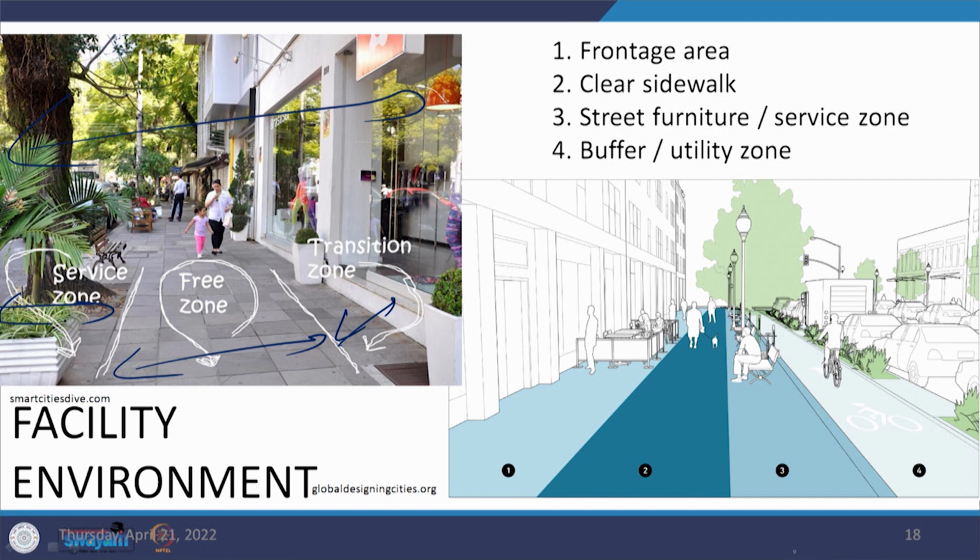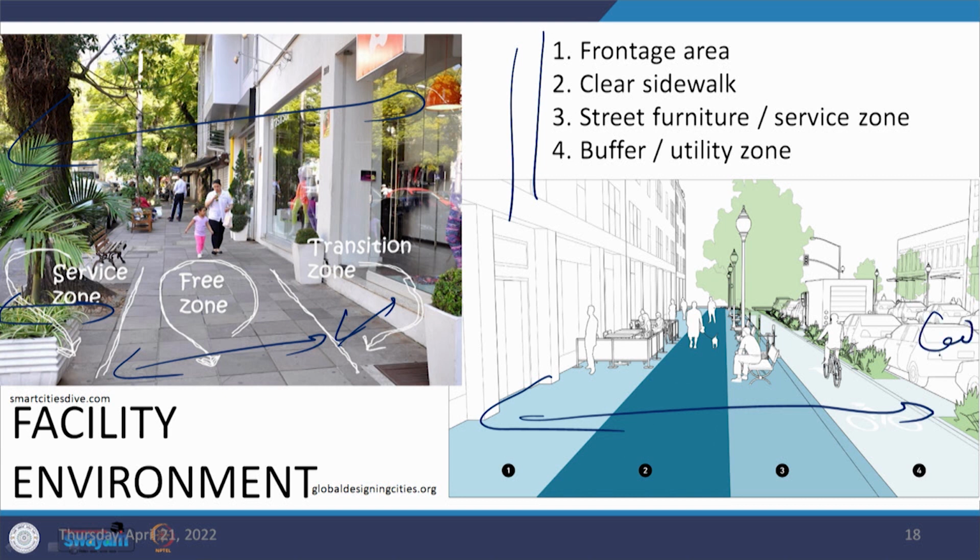So, this is the way we can try to develop it. Here you can see the frontage area, clear sidewalk, street furniture or buffer or utility zones defined across the width, apart from the parking or the carriageway used by motorized vehicles.